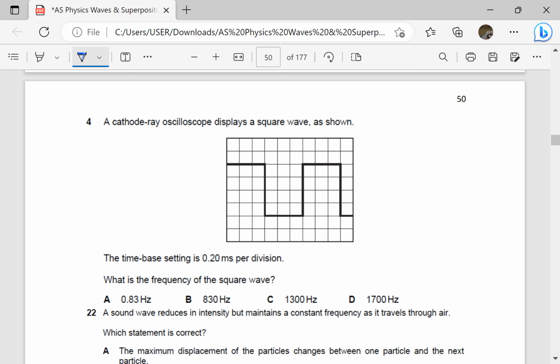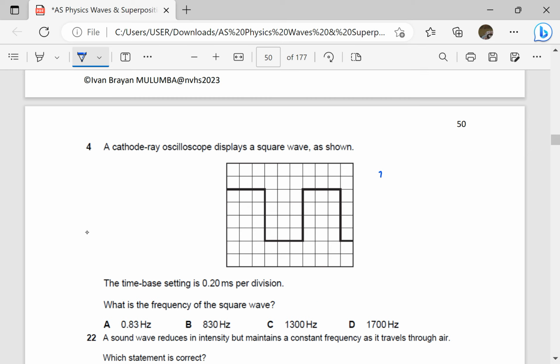A cathode ray oscilloscope displays a square wave as shown in the figure. The time-base setting is 0.2 milliseconds per division. What is the frequency of the square wave? To find the frequency, we need 1 over the period, which will be 1 over the length representing 1 cycle times the time-base setting.